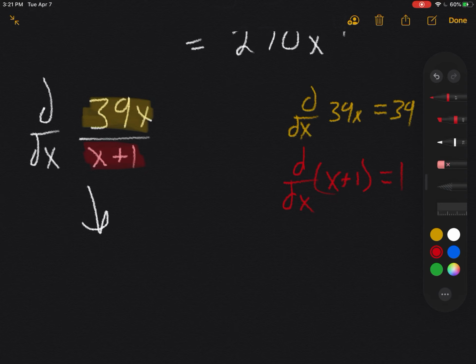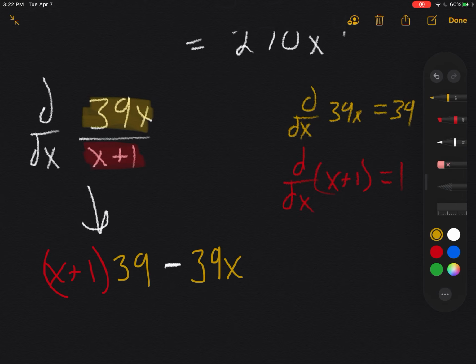So here's what we're going to do. That low d high, high d low thing means you take the low function, the function that I have here in red, and copy it. Then d high means the derivative of the high function, the function I have in yellow, and you multiply them together. And then you subtract high d low.